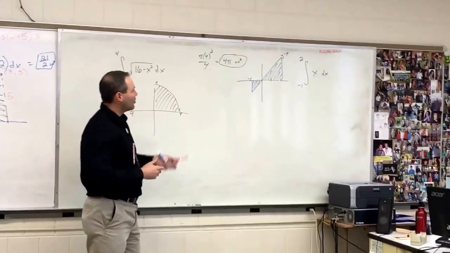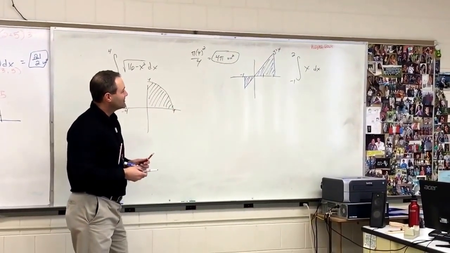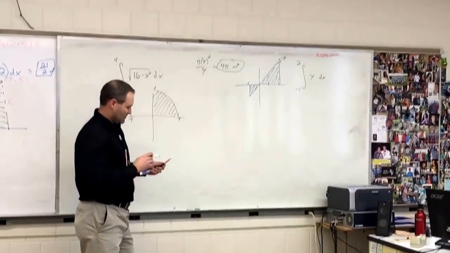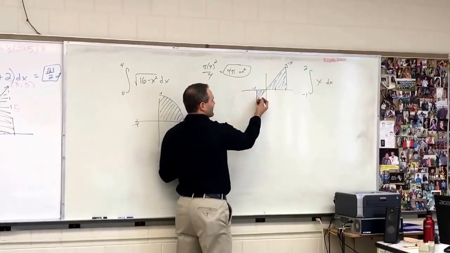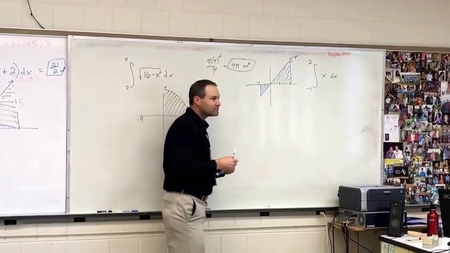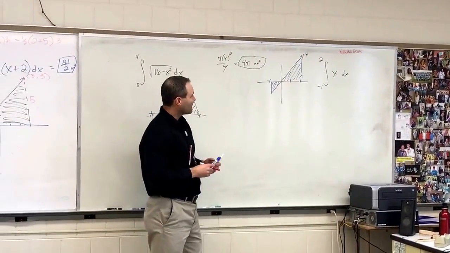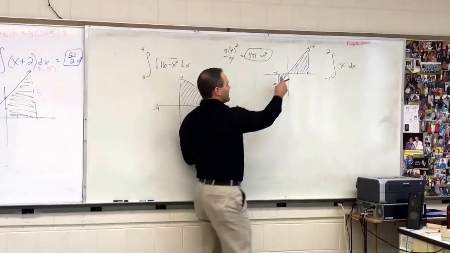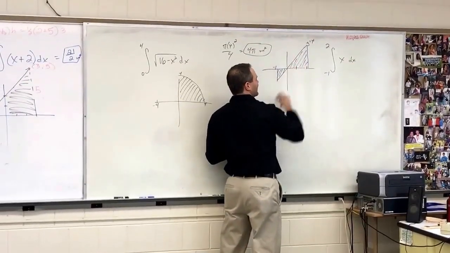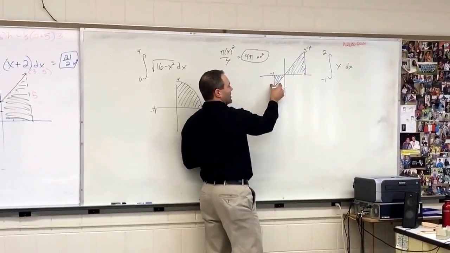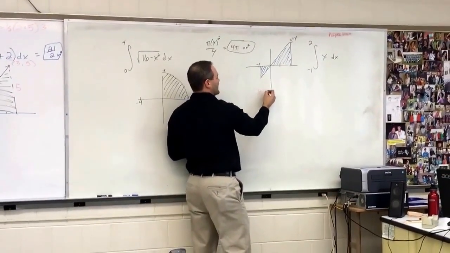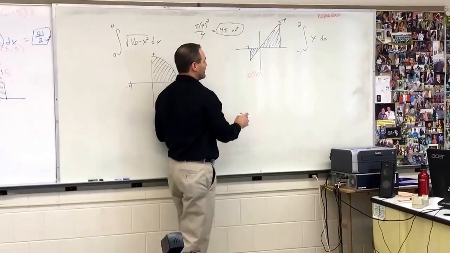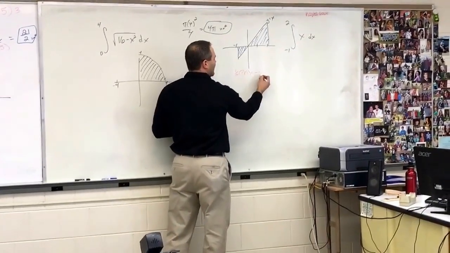Okay, so what's our answer here? It's the trapezoid from 1 to 2, because from -1 to 1 they cancel each other out. This area undoes that area. So this area right here is half of 1 times 1, so it's 1/2, but it's actually negative 1/2, right?